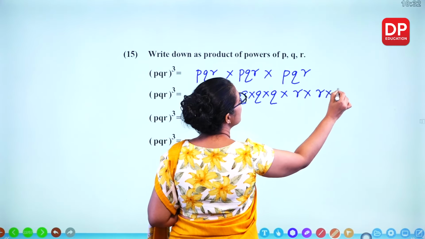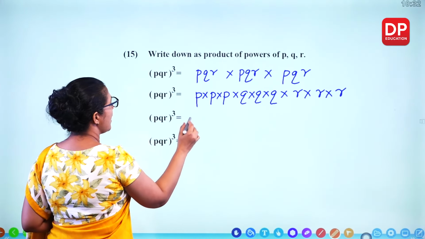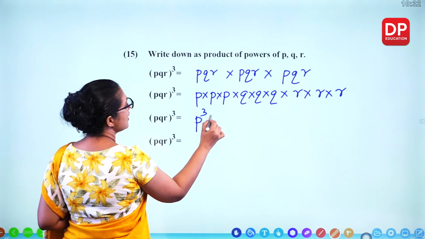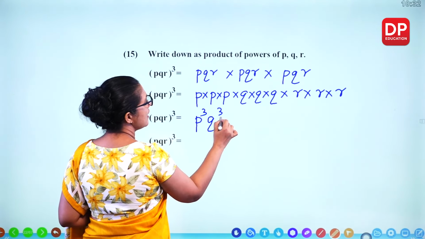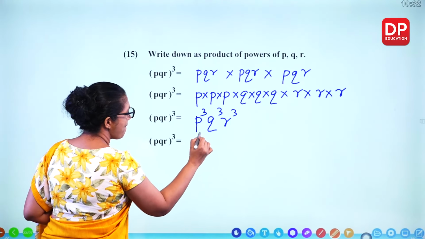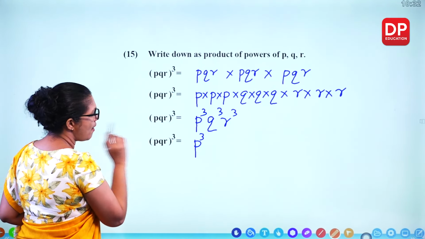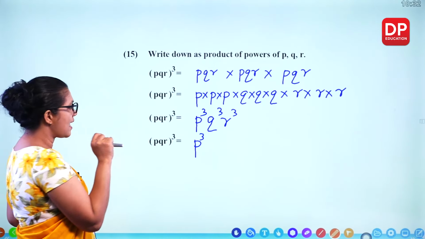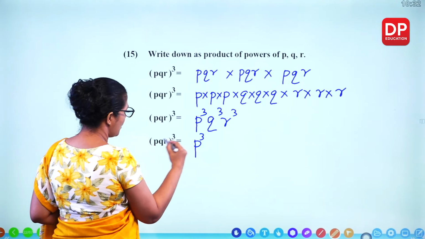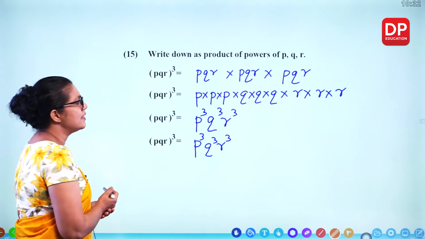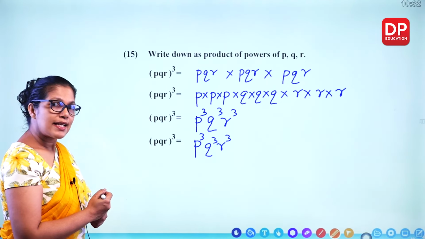You get 3. So you can write P to the power 3, Q to the power 3 and R to the power 3. Look carefully: when there's a power outside, consider the power for all inside numbers or letters. So P to the power 3, Q to the power 3 and R to the power 3. So you can write it at once.